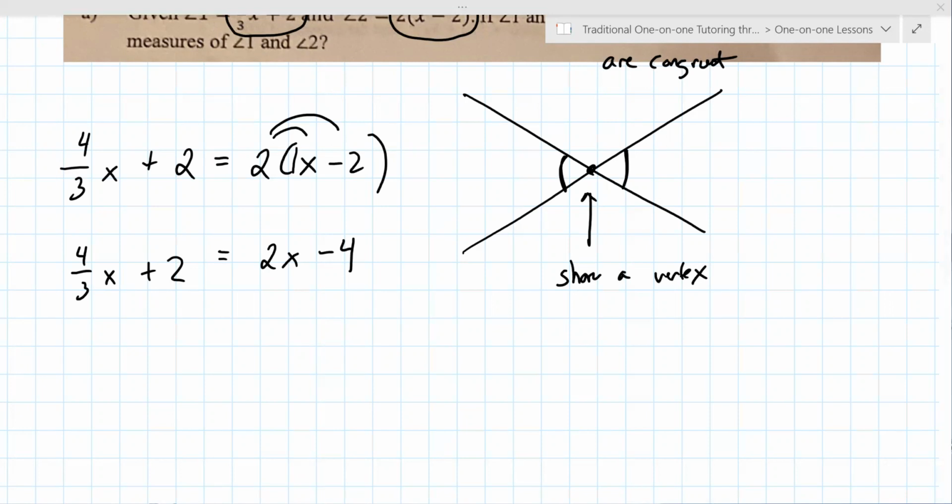You want to get rid of the number on the bottom. What number's on the bottom? 3. So you're going to multiply everything on both sides by 3.